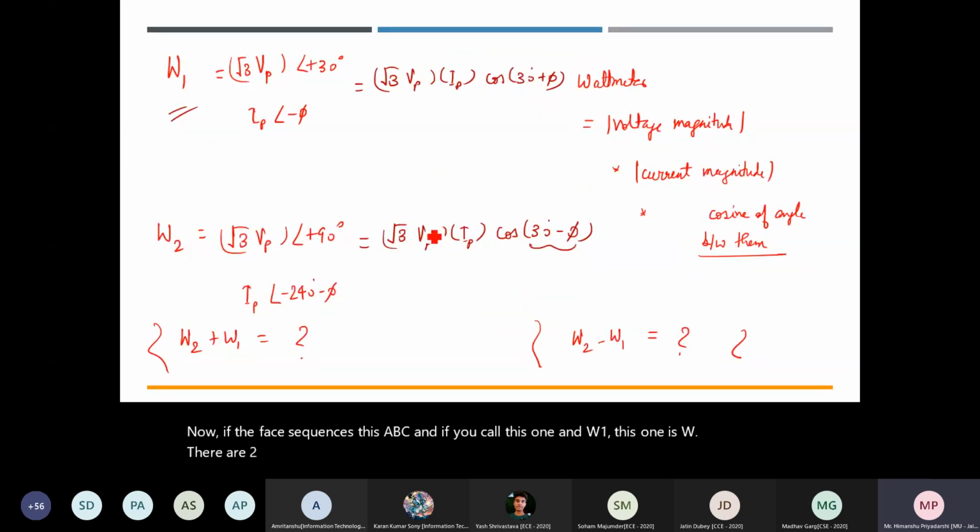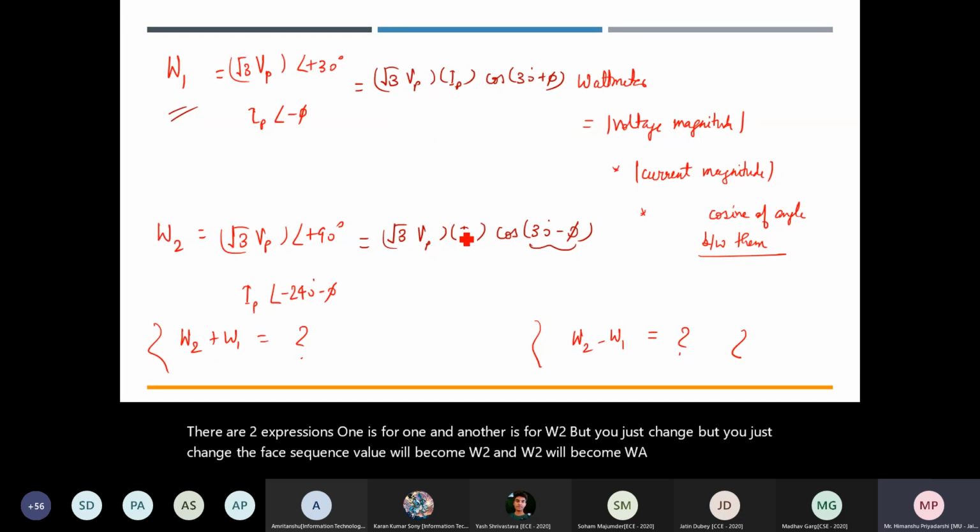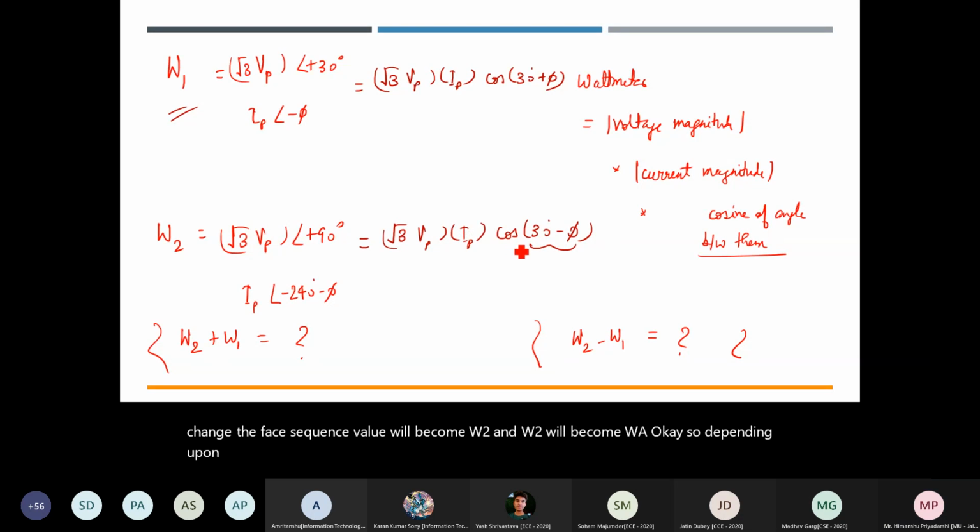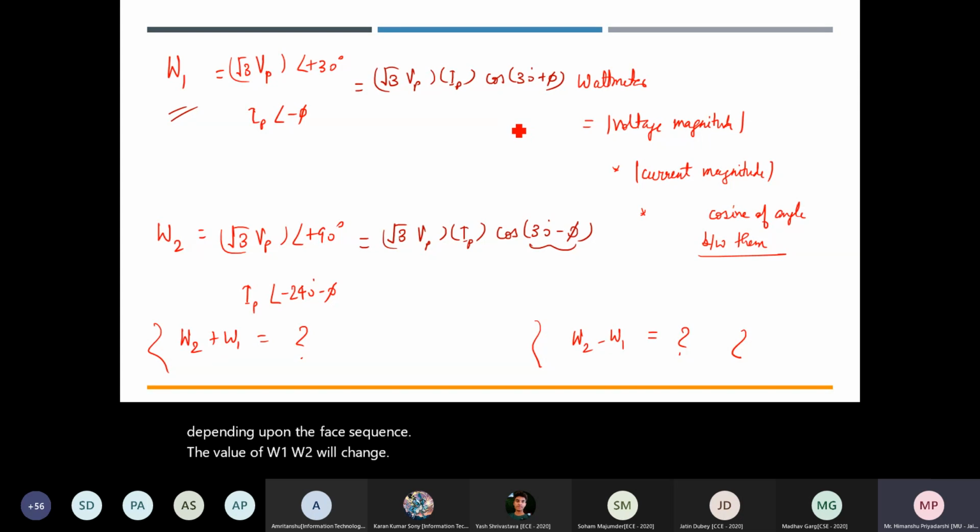One is for W1 and another is for W2. But if you just change the phase sequence, W1 value will become W2 and W2 will become W1. So depending upon the phase sequence, the value of W1 and W2 will change. Is that okay? You got it or not?